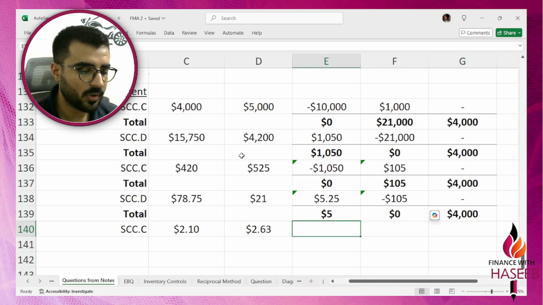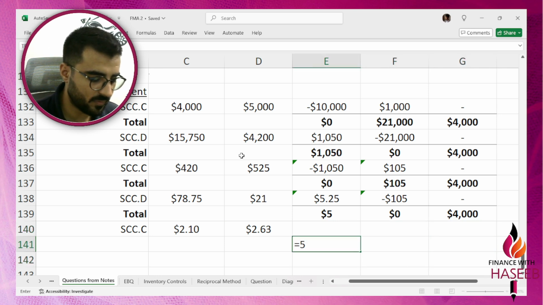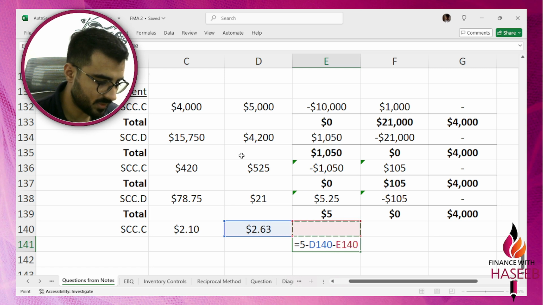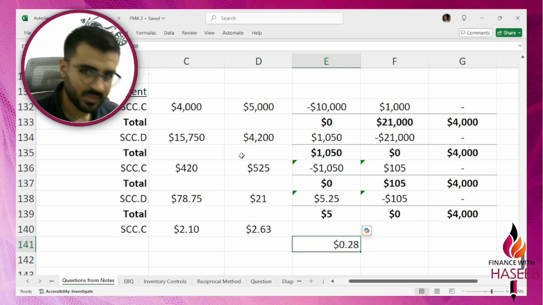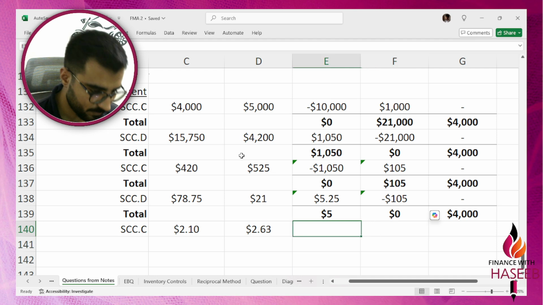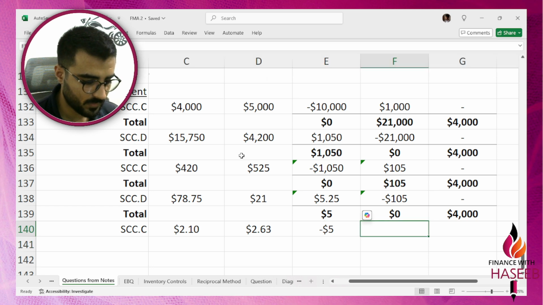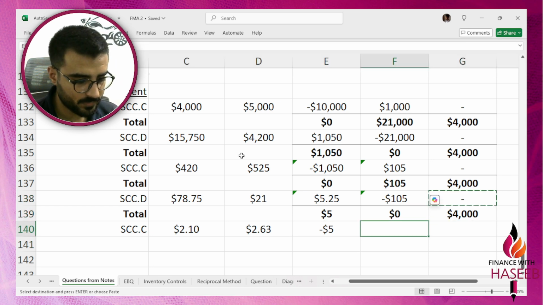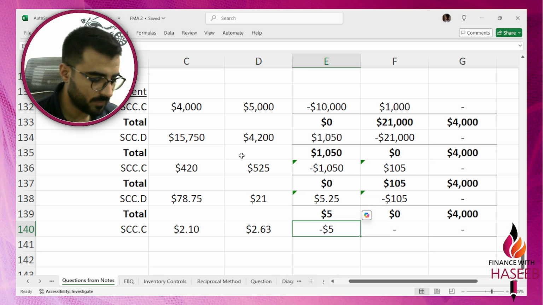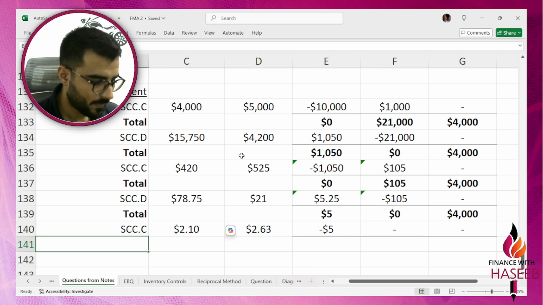Okay, why? Because the difference is just very minor, maybe around, let's check, 5 minus this, so just 0.28, so you can ignore it. Okay, so minus 5 and 0. Okay, now again total.